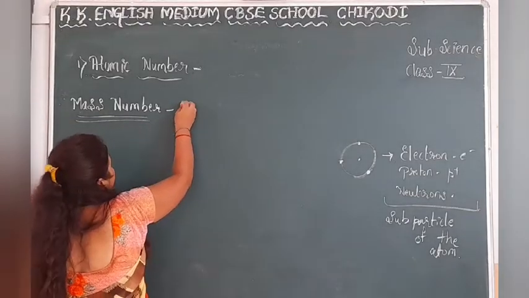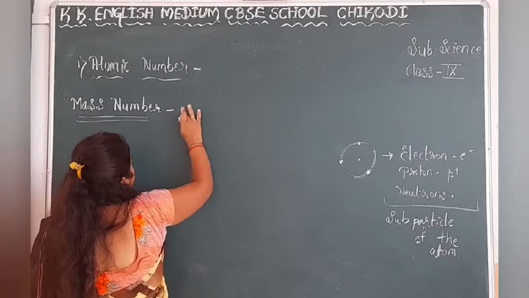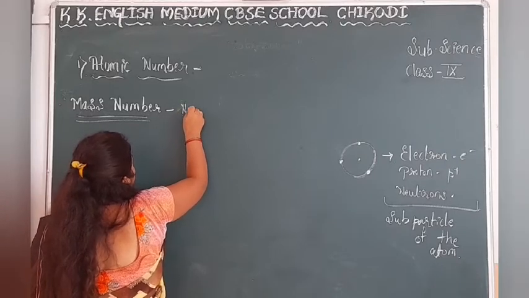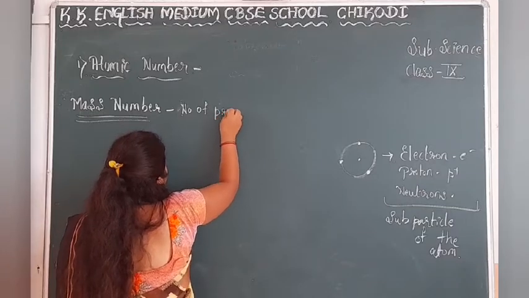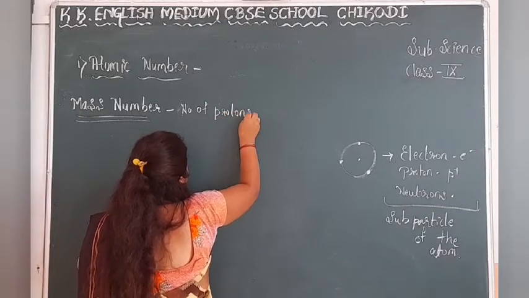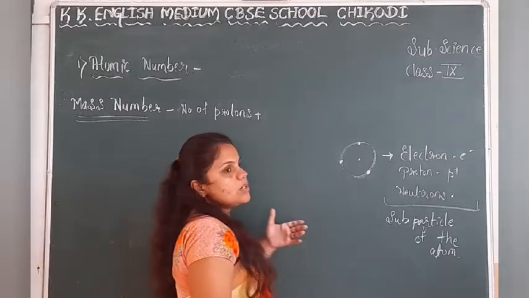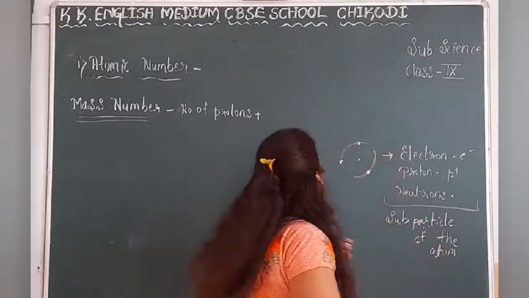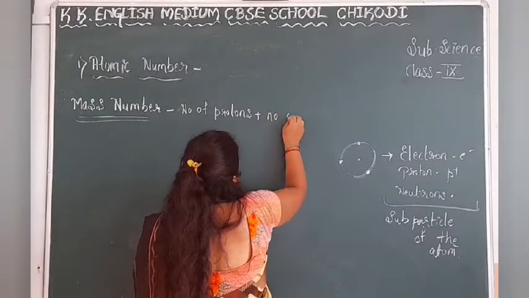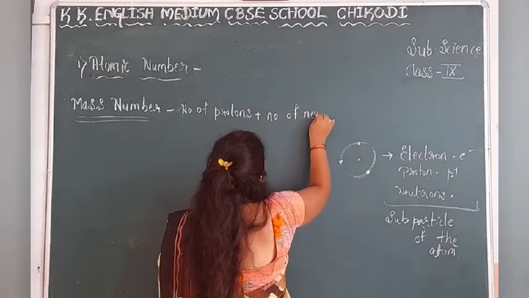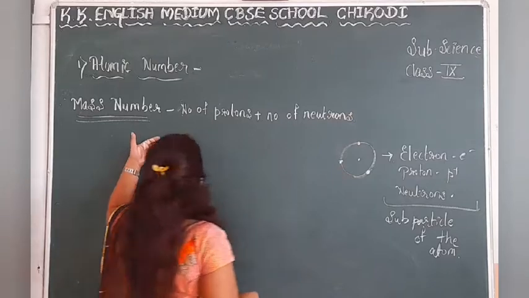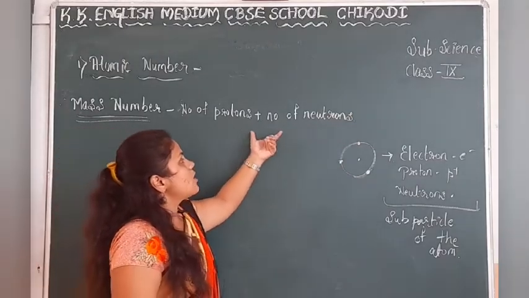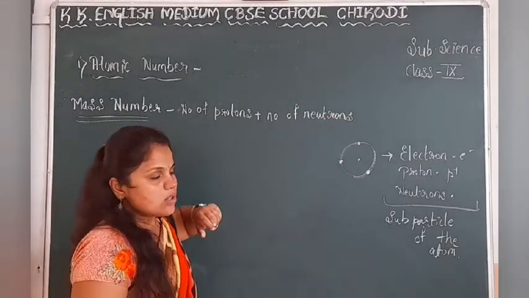It is the sum of the number of protons plus the number of neutrons.